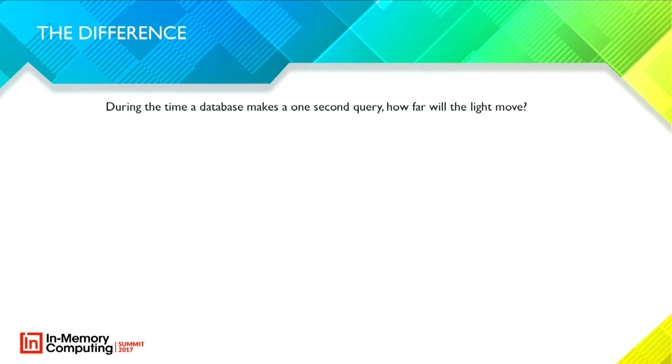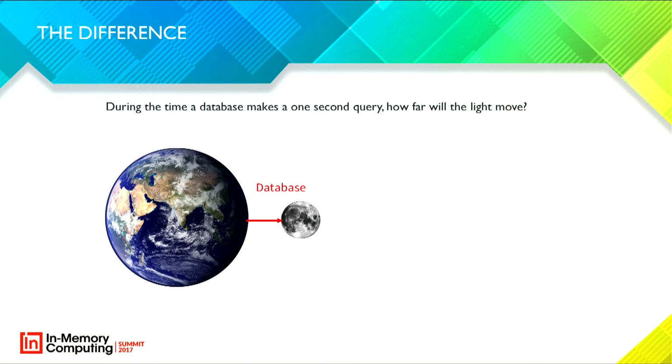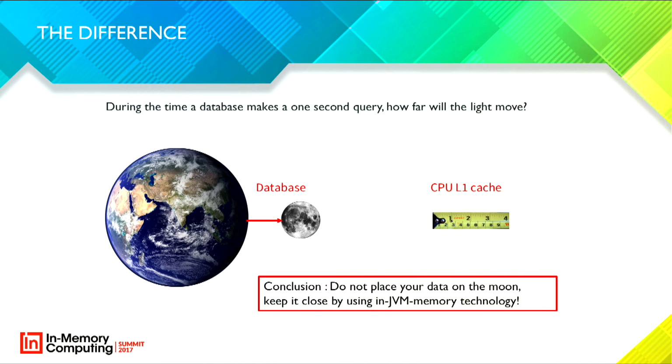Exactly, the moon. 1.3 seconds. So that's the distance the light goes. Whereas if you use the L1 cache, it's 4 inches, or 10 centimeters for us from the metric system. So the conclusion is, don't place your data on the moon, keep it in the JVM.